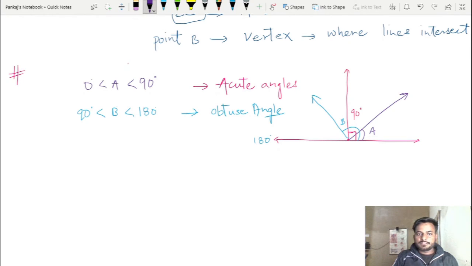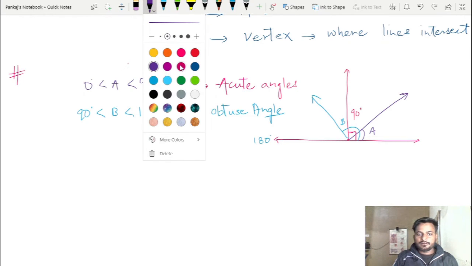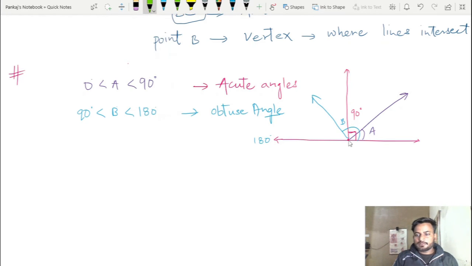Now come to the third category. For example, here we have taken 0 degrees. Angles which are greater than 180 degrees are called reflex angles.